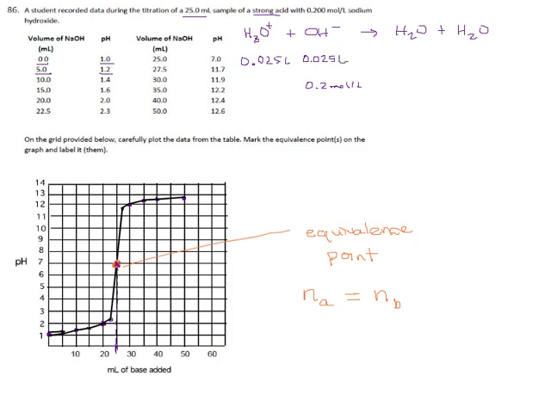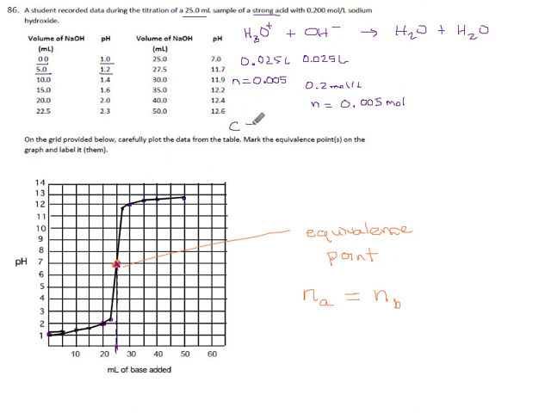Now that we have that, we can find a number of moles for the hydroxide. Its concentration times volume, it'll be 0.005 moles. Because these are 1-to-1 and we know that our numbers of moles are equal, we must have 0.005 moles of acid also.